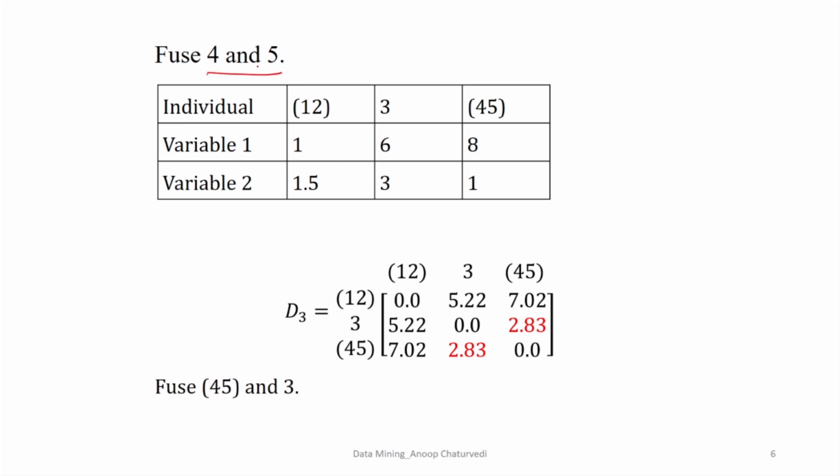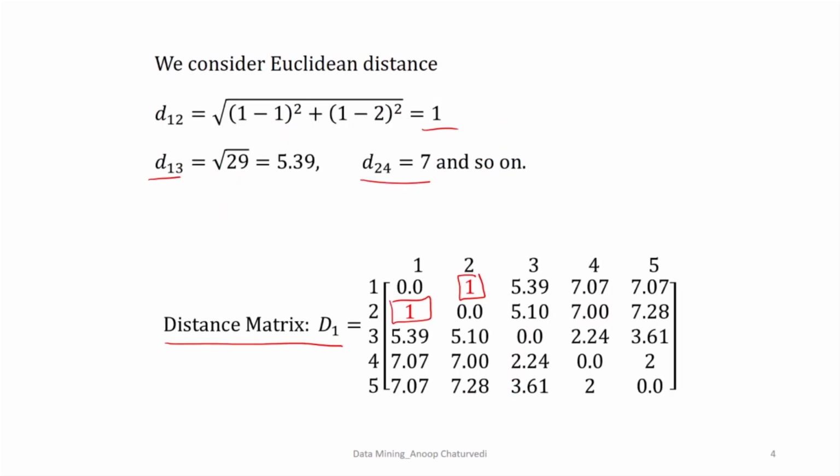So, after fusing 4 and 5, we represent this particular cluster by the means of corresponding variables, say 8 and 1. How we get 8?